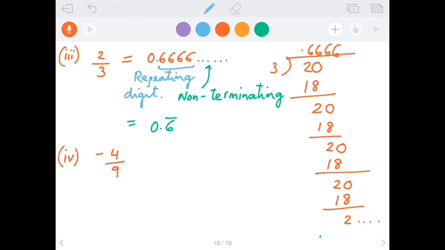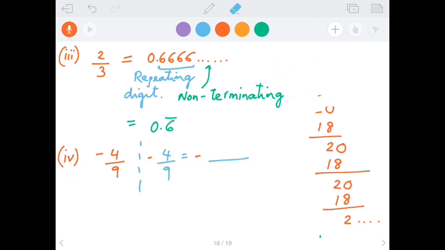Let's try minus 4 by 9. As usual, I'm just going to put the positive value first of minus 4 by 9, and then for the final answer I'm just going to attach a negative sign. So let's see how this is going to work. I'm just going to erase that out.